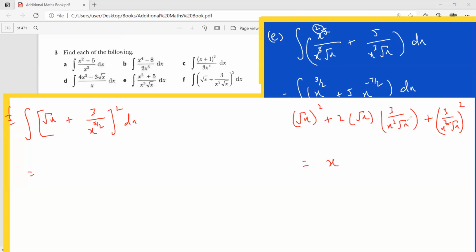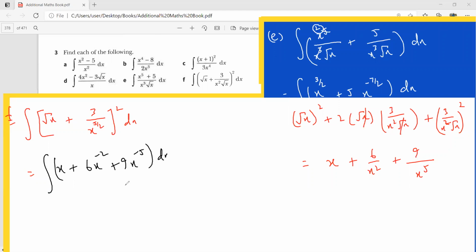So this is going to be x, root x cancels with the root x. You have plus 6 over x squared, and then plus 9 over, this is power 4, this is 1, and this is going to be 5, x to the power 5. So when I have to integrate this, I will write it as x plus 6 x to the power minus 2 plus 9 x to the power minus 5.